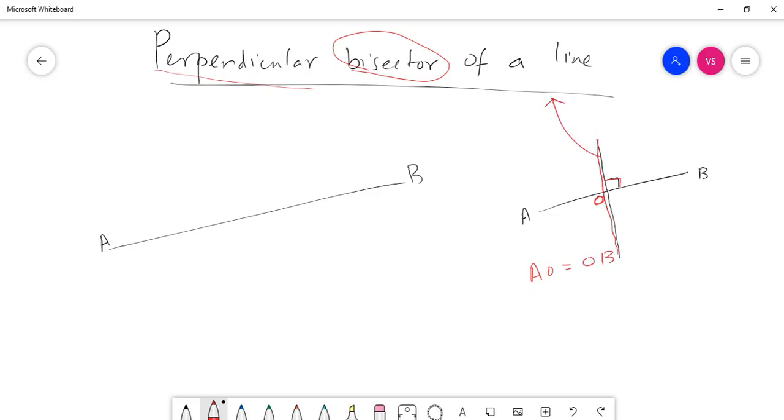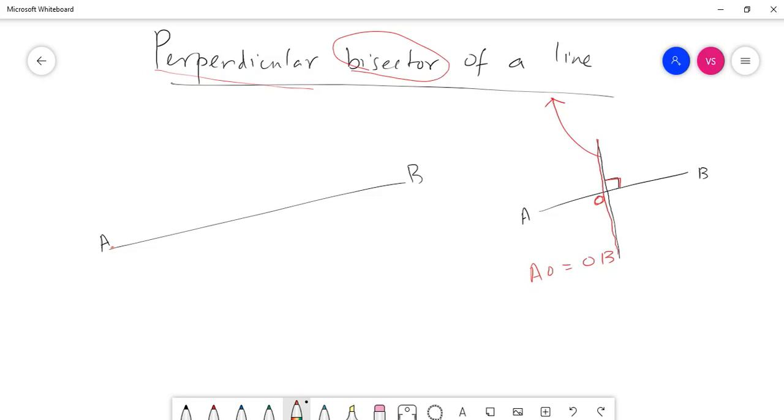But how to draw this line? The correct way to draw this line is to keep your compass here and take any radius more than half of it. Of course, you don't need to measure the half distance. Just by looking at it, you can take a radius which is more than half.